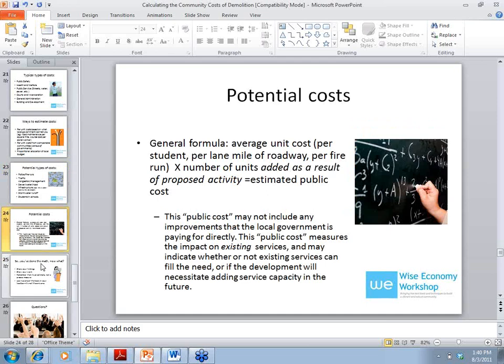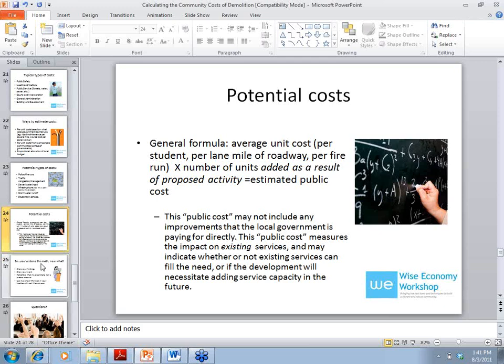And so finally, you take whatever average unit cost, and again, a lot of times you're simply dealing with the best data you can get. Your average unit cost times the number of those units added as a result of the proposed activity, that's going to be your estimated public cost. One thing you may find beneficial is to compare the increased revenue to those increased costs.